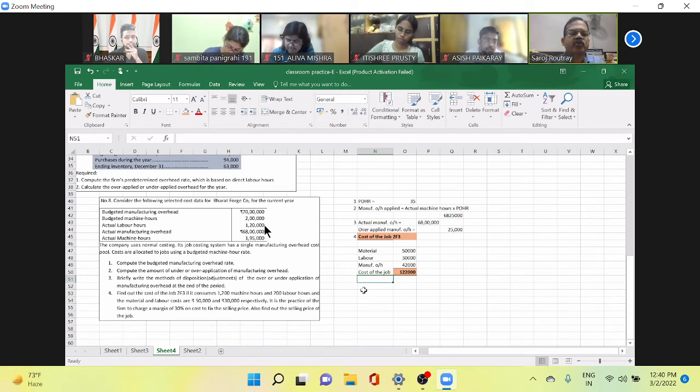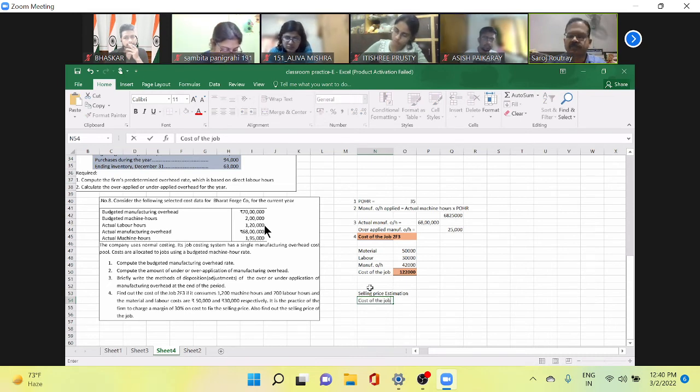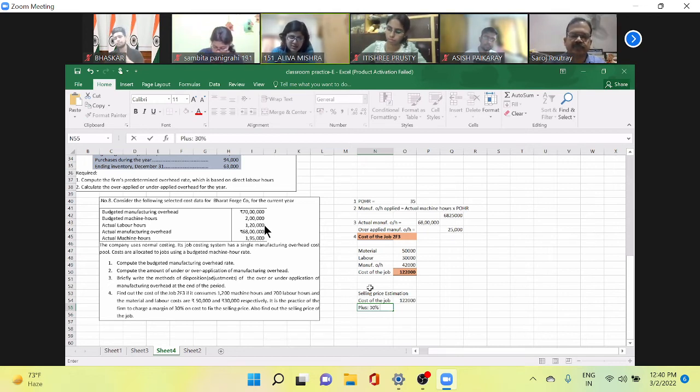So if you have to find out the selling price, then you have to add. Selling price estimation: cost of the job plus 30% on cost. 36,600.